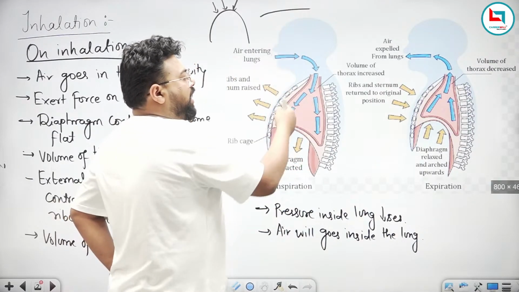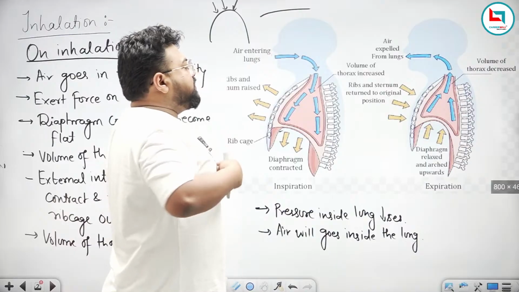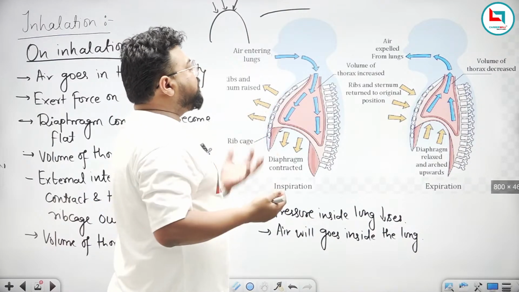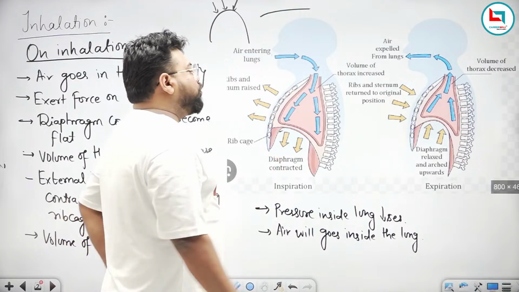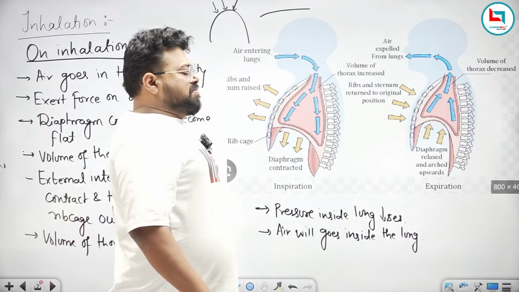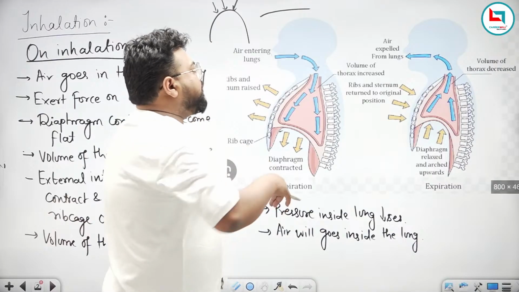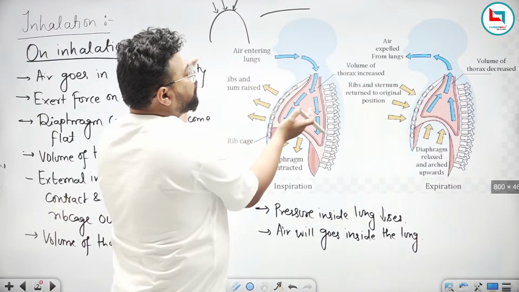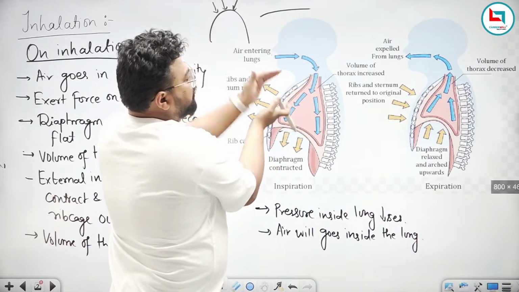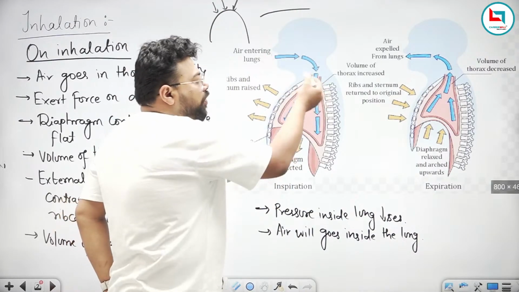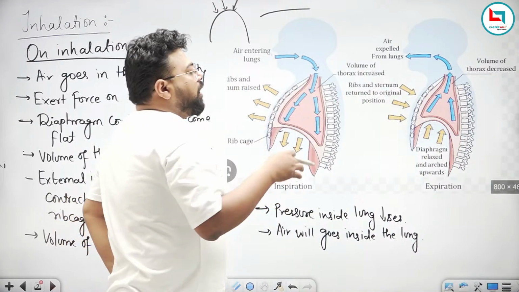Also, on the other hand, the muscles which are present between the ribs also start contracting, and due to the contraction of these muscles, our rib cage, this whole area is known as the rib cage, comes outward and upward, due to which additional volume of the thoracic cavity will appear.